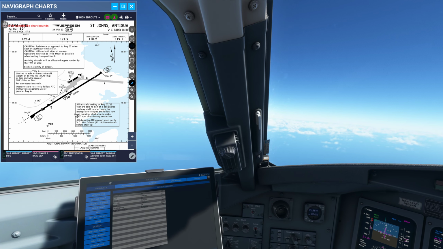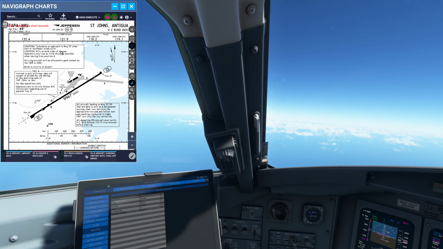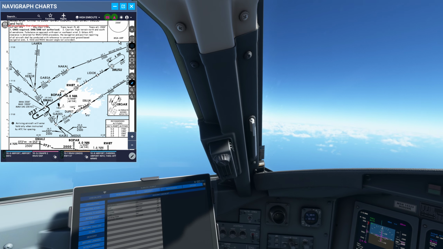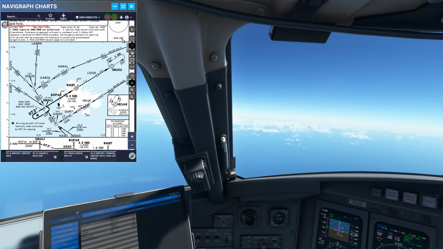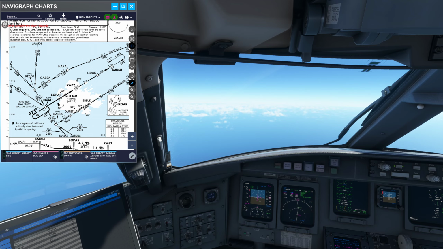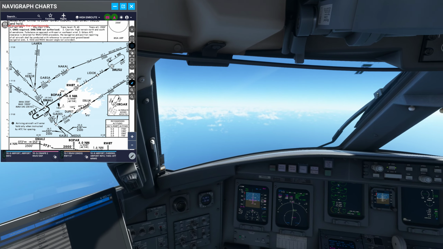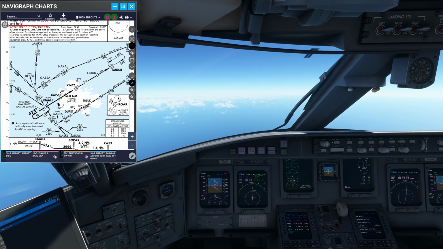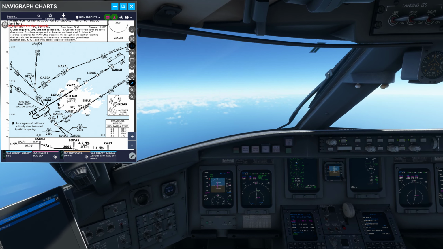So what does ARP mean? ARP is your airport reference point, and that's a subjective point they've picked on the airport that they use as saying here's where the airport is.